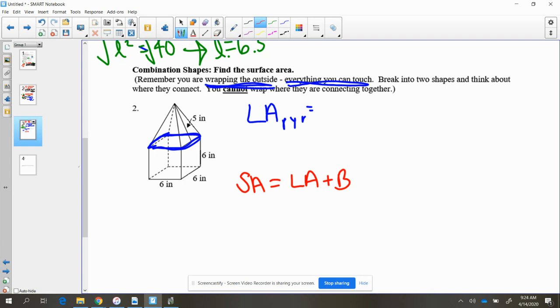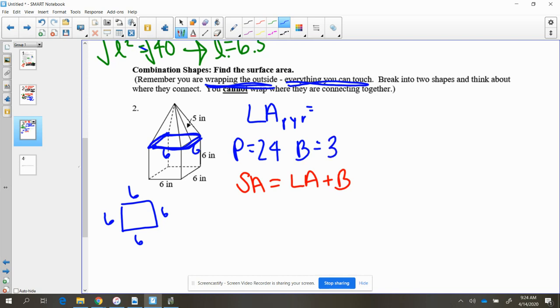Now, when we talk about the pyramid, going back to what we talked about up above, we want to look at the base and notice the base is going to have sides that are all 6 this time around. That's a square base. So the perimeter of that base is adding up 6 4 times, so 24. And the area of that base is going to be 36.